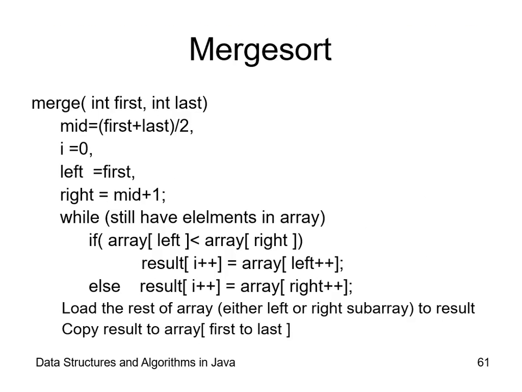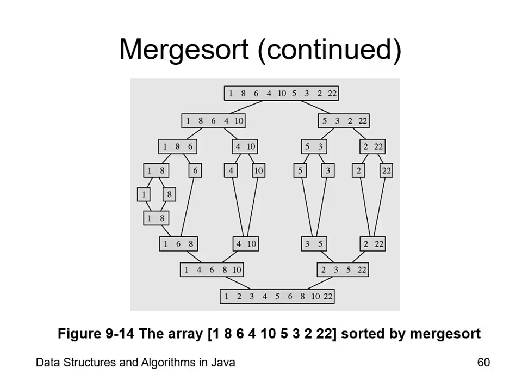Oh, I forgot. Anyway, in terms of processing time, it takes about n log n for both quick sort and merge sort. Merge sort seems to be simpler to understand than quick sort.